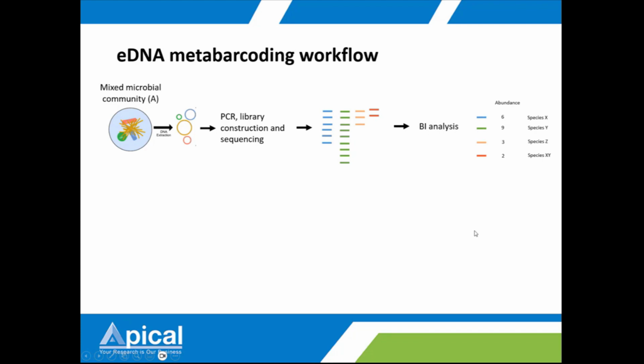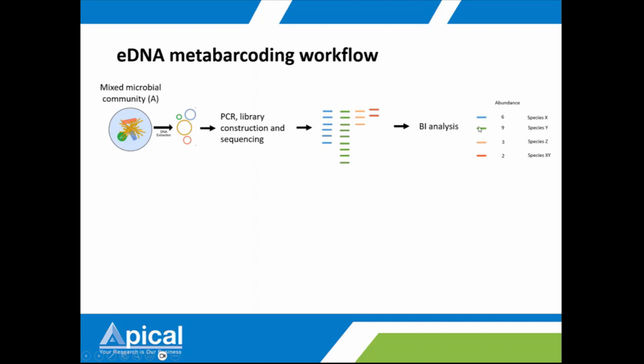The bioinformatic analysis will do sequence clustering. We cluster the sequences in the pipeline according to the sequence similarity and call out the abundance. So we have the representative sequence of each cluster, and also the abundance.